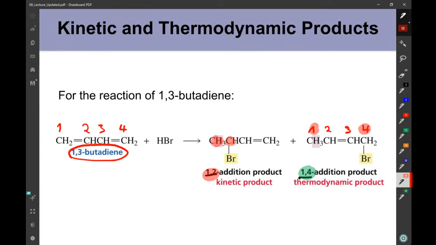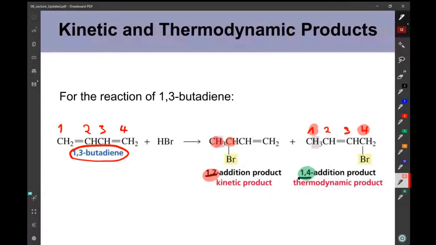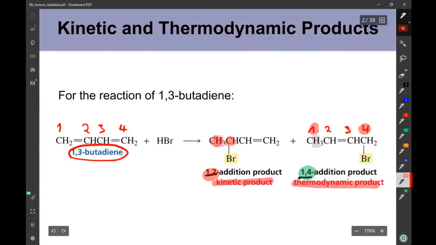Now, generally, the 1,2 addition is referred to as the kinetic product, whereas the 1,4 addition is referred to as the thermodynamic product. The first thing is that we need to understand the terms kinetic and thermodynamic. Whenever we talk about kinetics, we are referring to speed.